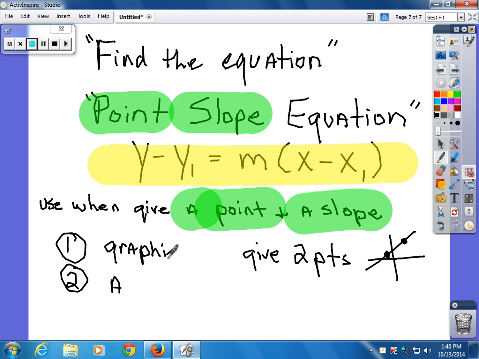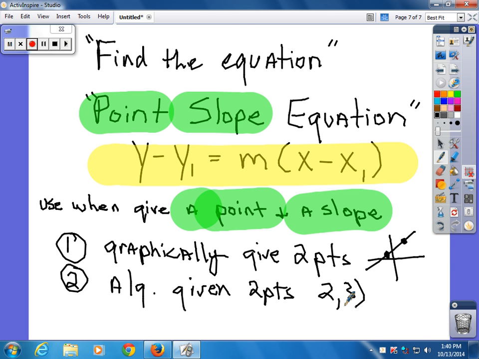Is that better? Algebraically given 2 points. In other words, they just give you 2 points.